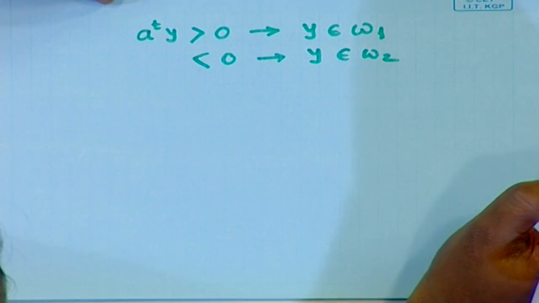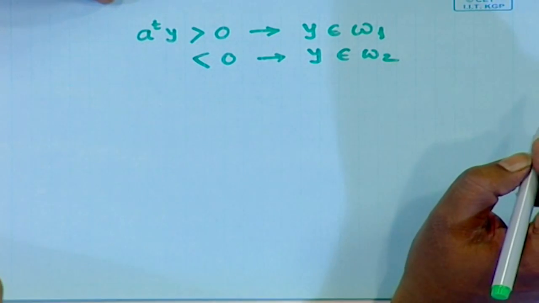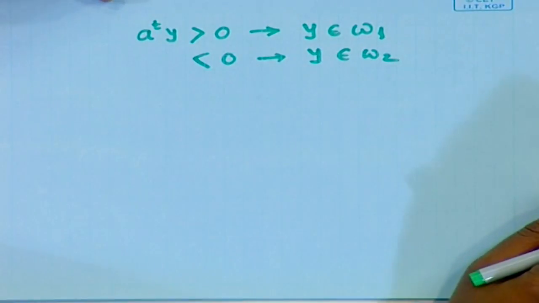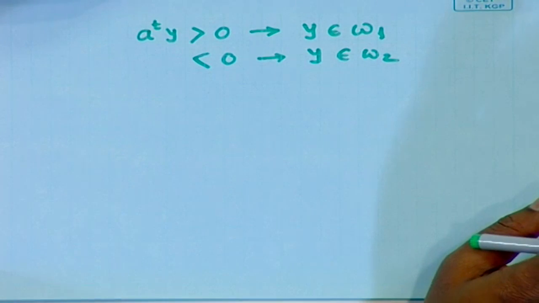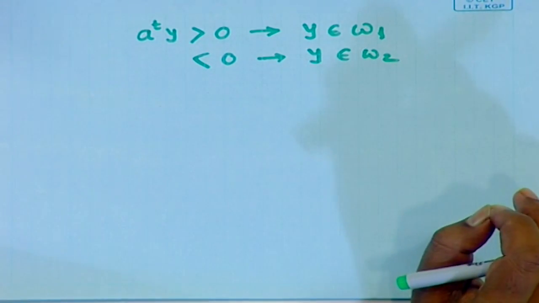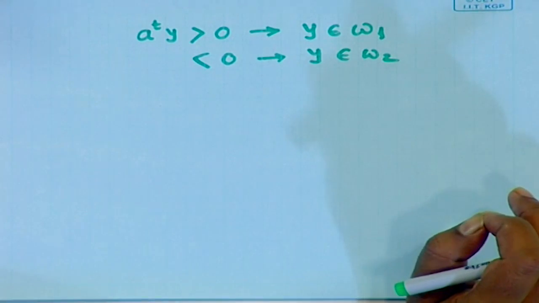For design purposes, for all the training samples given from class omega 2, we have negated them, so that I have a uniform criterion: if the weight vector A properly classifies a sample, I will always have A transpose y greater than 0.